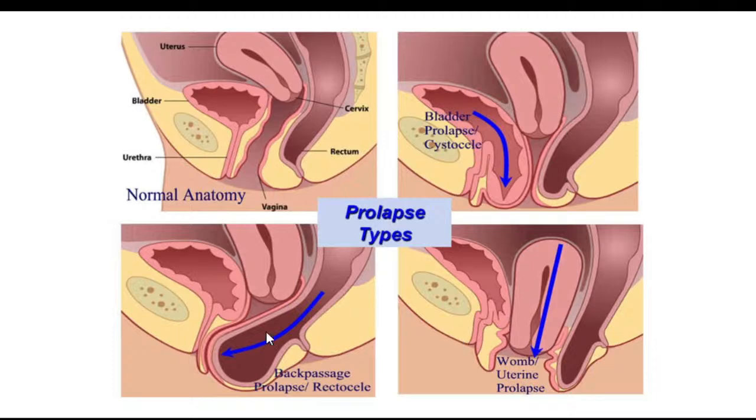You see here the rectal wall bulging into the vaginal canal, and this is the rectocele. This is uterine prolapse when the uterus is still in the vagina. If it goes down, it can be a full prolapse.